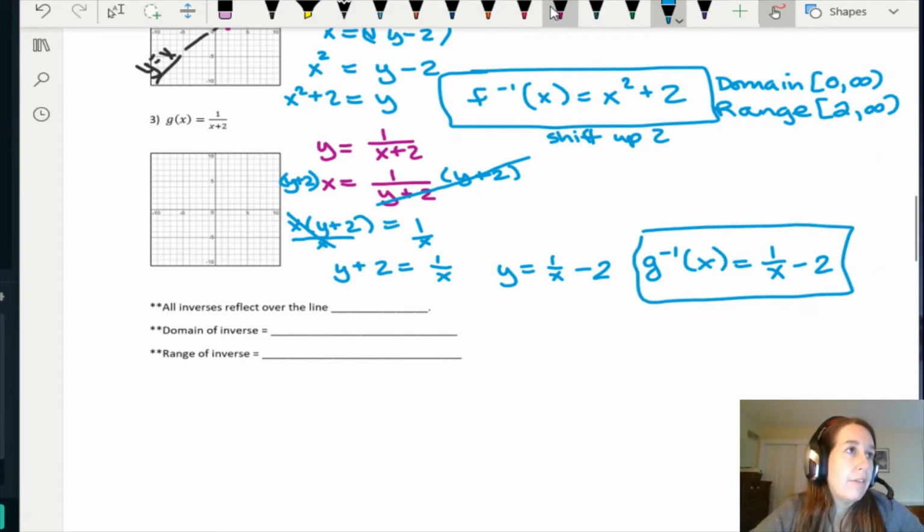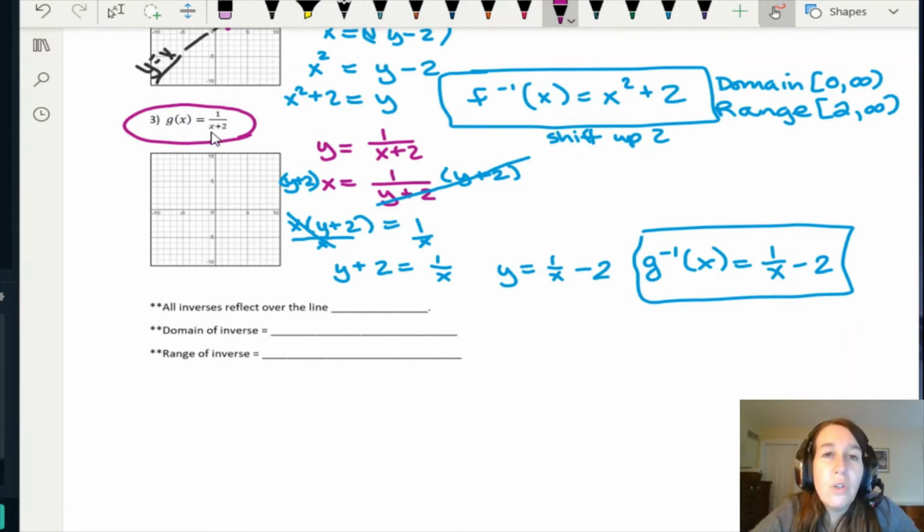Now, to graph the first one, this is g of x is equal to 1 over x plus 2. So this plus 2 is in the x's, right? So this is a horizontal shift. And then, it's plus 2, so it'd be left 2. Okay, so our standard 1 over x graph would be shifted over 2.